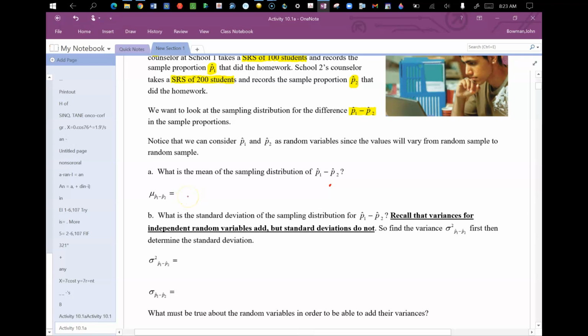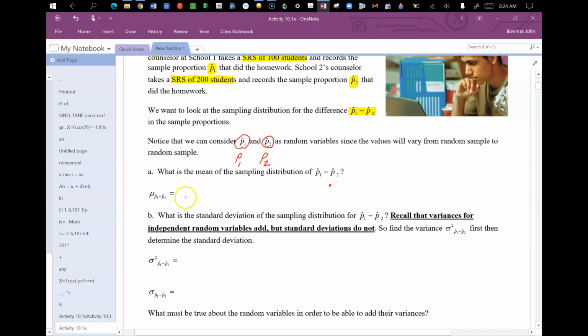So since we know that the mean for the sampling distribution of sample proportions from high school 1 is equal to the population proportion for school 1, and the mean of the sampling distribution of sample proportions for school 2 is equal to the population proportion for school 2, the mean of the difference of the sampling distributions is equal to the difference of the means.